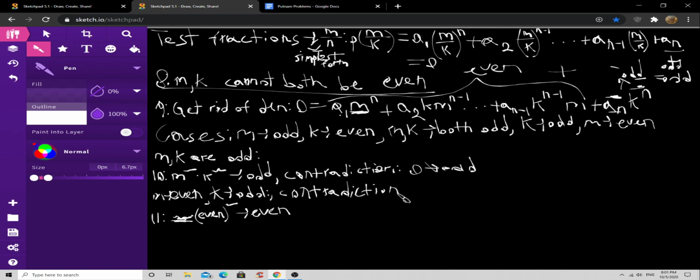And finally, for our last one here, this is similar. So m is odd, k is even, and this is a similar relationship.